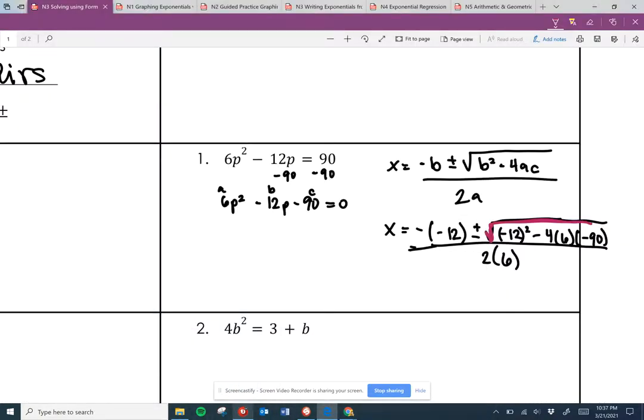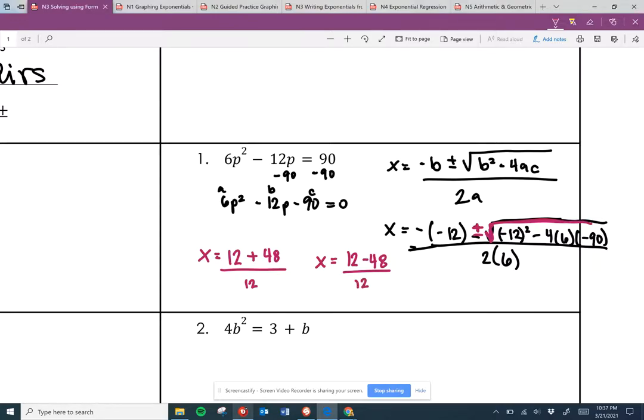So we end up with x equals positive 12 plus 48 divided by 2 times 6, which is 12. Plus is one option. The other option is the minus. All I'm doing is splitting these two apart. 12 minus 48 divided by 12.